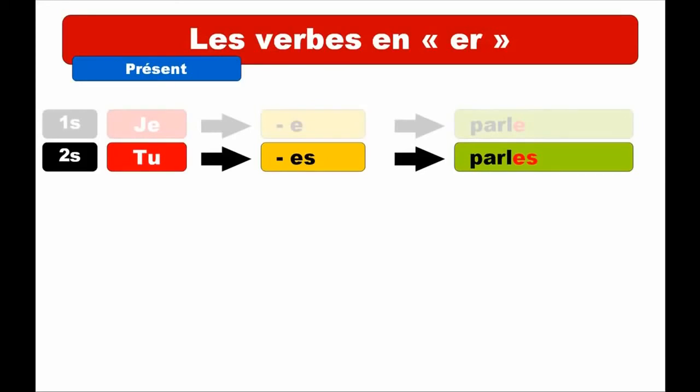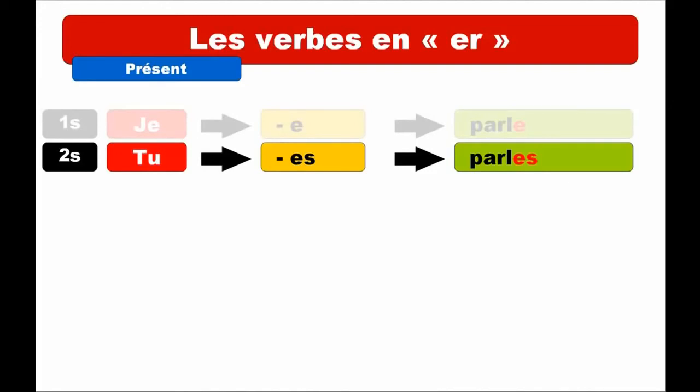Repeat. Tu parles. You can see that the first forms, je parle and tu parles, even if there is a small difference in the writing because of the final S for tu, have the same pronunciation.